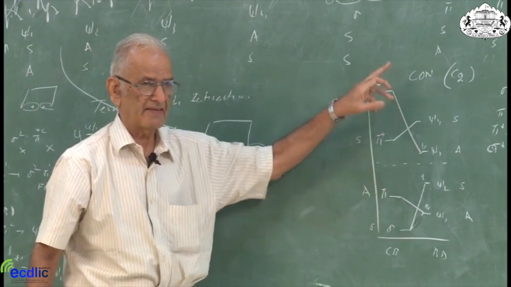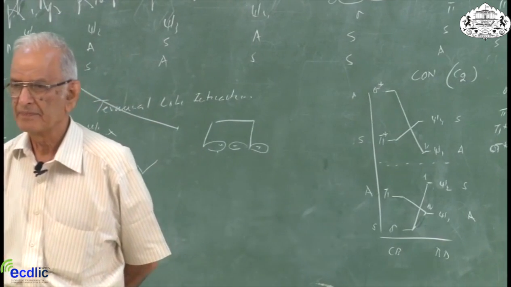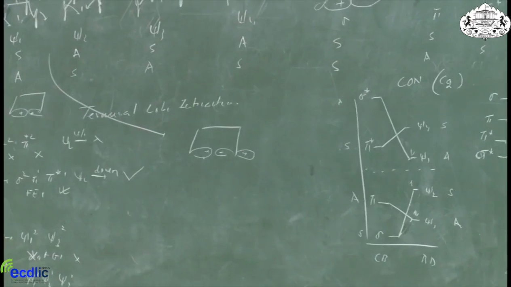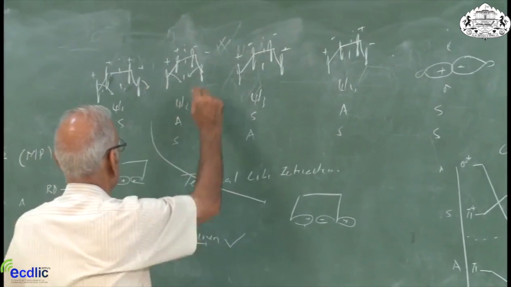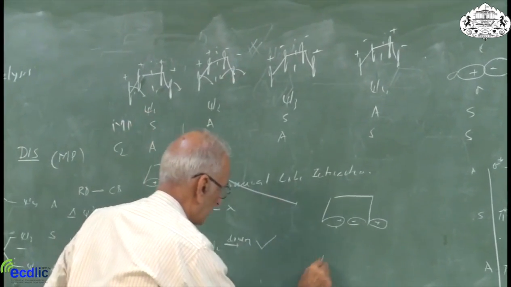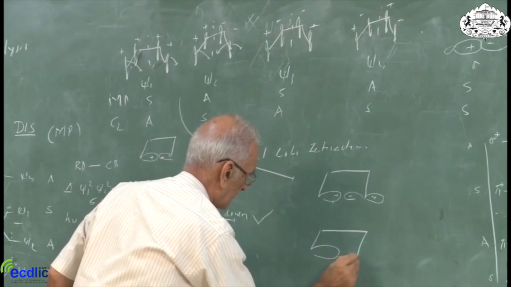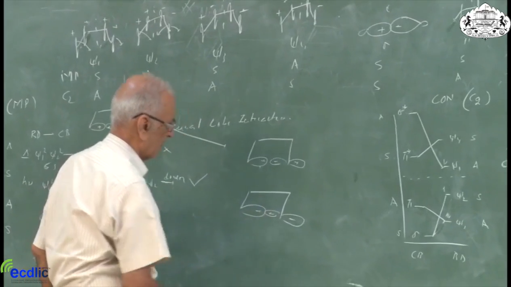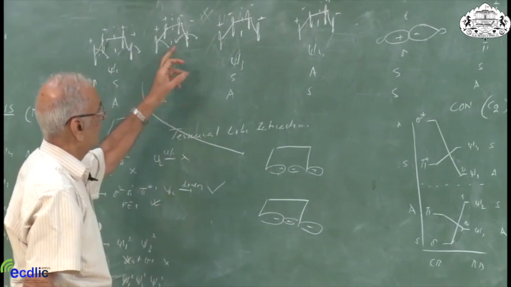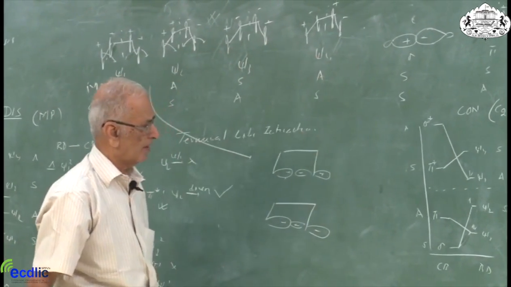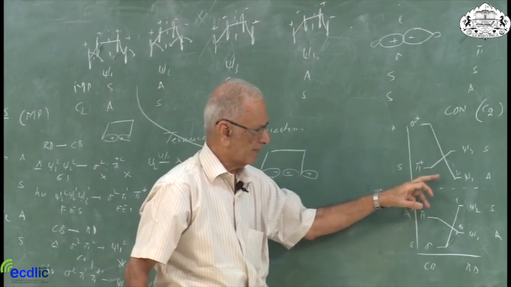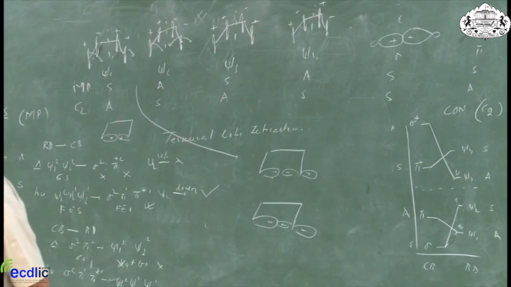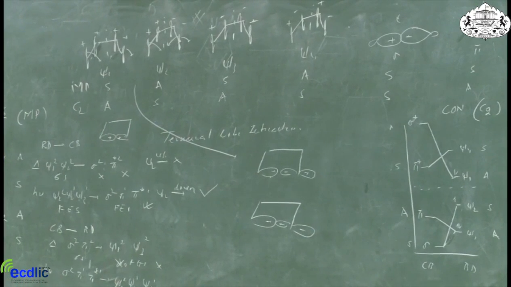Similarly, psi 3 will also give me anti-bonding, therefore, psi 3 also goes up in energy. By contrast, psi 2 plus will go here, minus will go here. So, plus will be here, minus will be here, therefore, this will be plus. So, psi 2 and psi 4 will give me bonding. So, psi 4 comes down, psi 2 comes down. So, that is the picture.